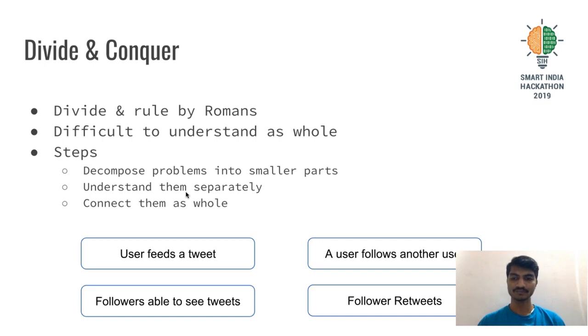So to do it, we are separating it into 4 different smaller meaningful sections. Something like a user feeds a tweet. It's a separate section here. And then a user is followed by another user, which is another one. And then the followers should be able to see the tweets. And the last one is that followers should be able to retweet the tweets of the person they are following.